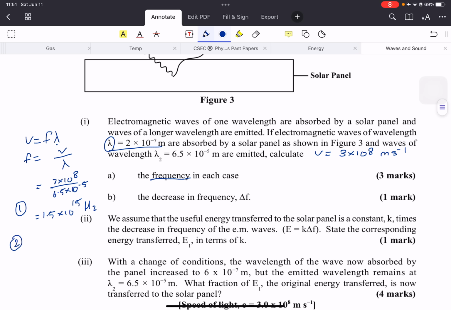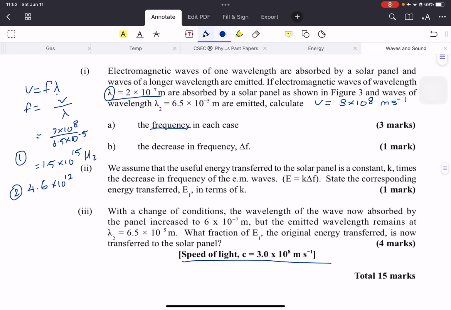And for lambda 2, I'm getting 4.6 by 10 to the 12. Okay, so these are my 2 frequencies. And now they want me to just calculate the decrease in frequency, which is simple. I just need to subtract the 2, right?